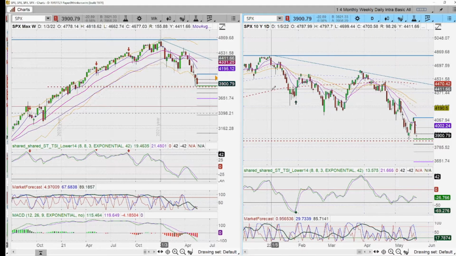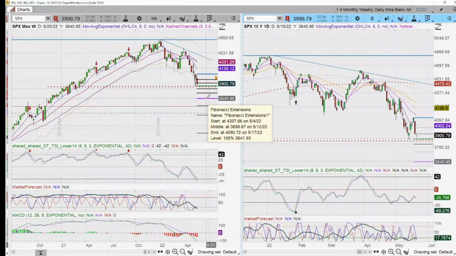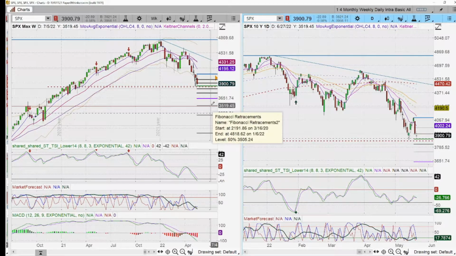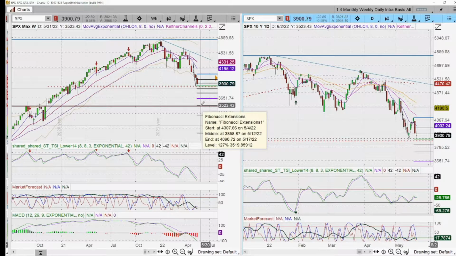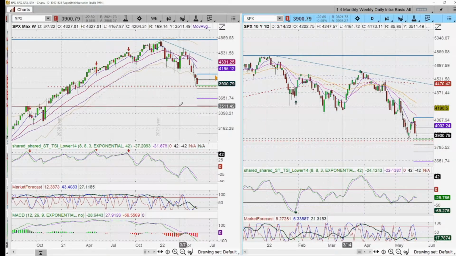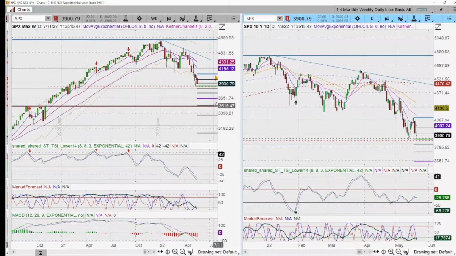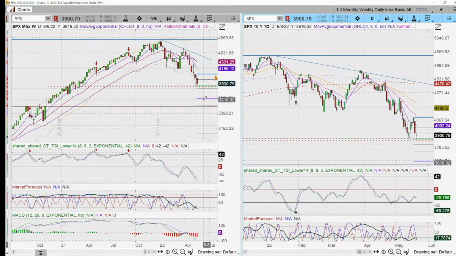And this gives me a new line in the sand. This is the 100% symmetric move down, about the 3640 level. Isn't that interesting? The 1.272 extension off of that move also brings me really close to that 50% retracement. So S&P, this is where I'm looking at diving to, and approximately when, and how long it may take me to get there.